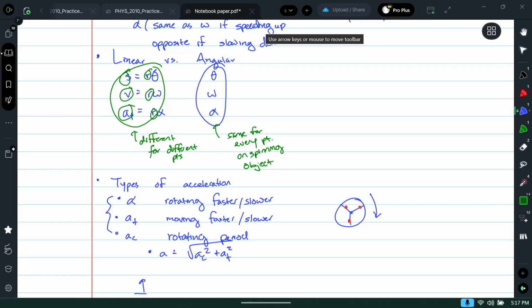To actually describe that would be worse. But say you're talking about a sock stuck to the side of the dryer. You can say it will not have a tangential acceleration once the dryer stabilizes out because it's not going to be moving any faster in just a second. It's going to maintain its speed as it moves.